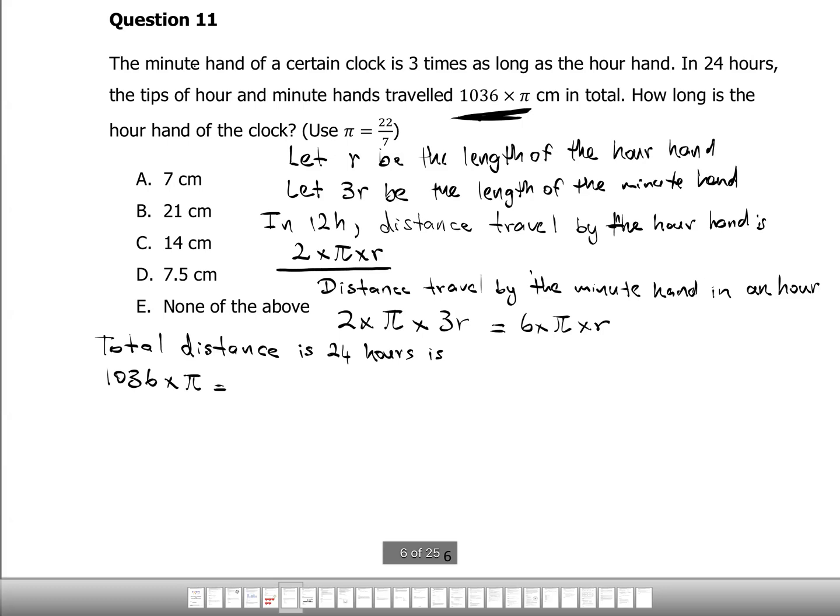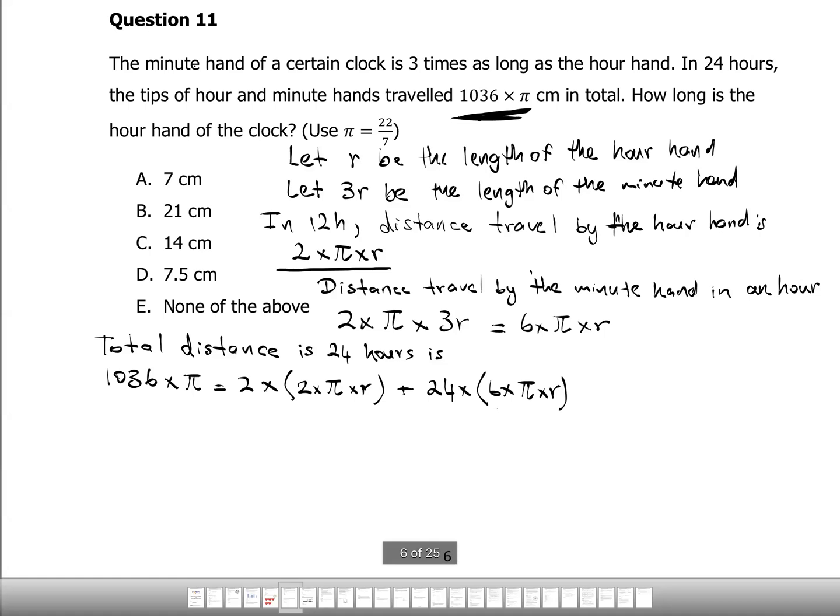However, we're trying to find 24 hours, right? So we'll times 2 this distance that we already have, to get the distance traveled by the hour hand in 24 hours, plus 24 times 6 times pi times r. Here is the distance traveled by the minute hand in an hour. However, we're trying to find 24 hours, which is why we're timing it by 24.